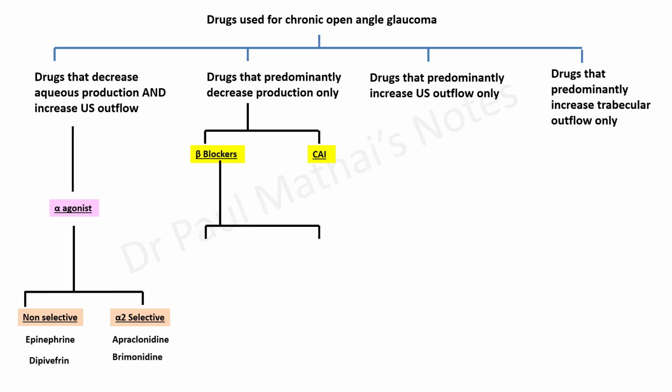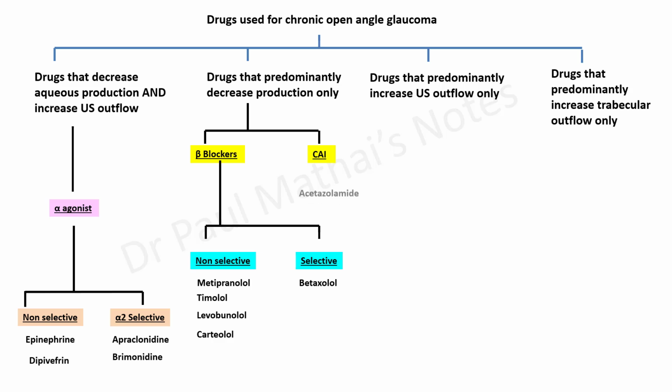The non-selective beta blockers which are used topically in the treatment of glaucoma include metipranolol, levobunolol, timolol, and carteolol. The selective beta blocker that is used in the treatment of glaucoma is betaxolol. Carbonic anhydrase inhibitors used in chronic open-angle glaucoma include acetazolamide, brinzolamide, and dorzolamide.